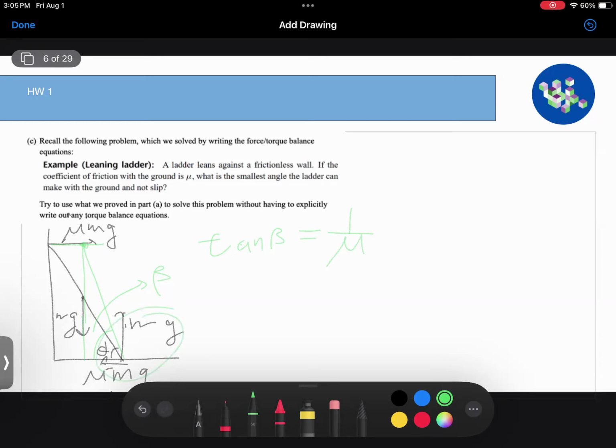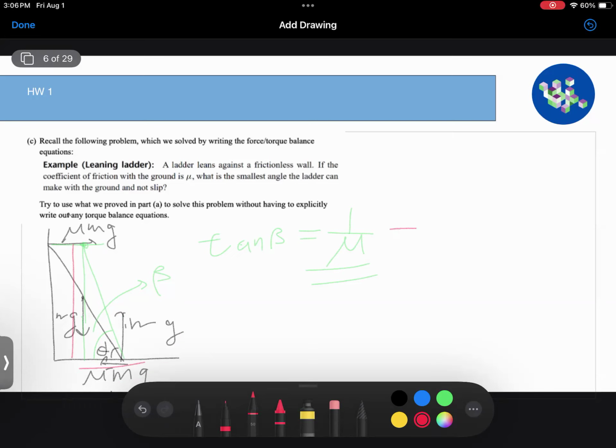I'm adding the vertical mg force and the horizontal mu mg force. Tan beta is 1 over mu, but it's also equal to if I divide this length by this length. And what is that?